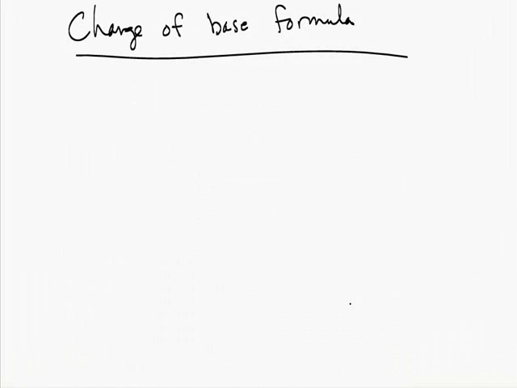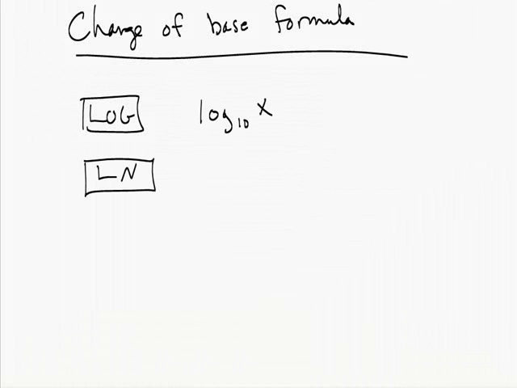Alright, the last topic in this section is the change of base formula. We'll talk about this briefly, and then we'll put some examples on a third video. You'll notice on your scientific calculator that there are only two logarithmic buttons. One is the log button, which is the common log, the log base 10. And then you also probably have the natural log button, the natural log of x, or the log base e of x.